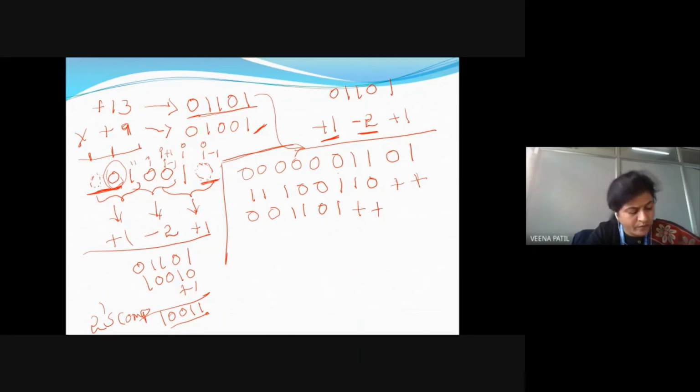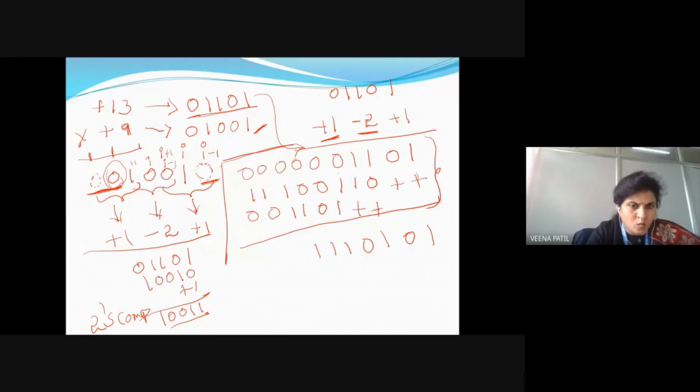Now add the partial products. What is the answer that you are going to get? This is the answer that you got. Did everybody get the same answer?